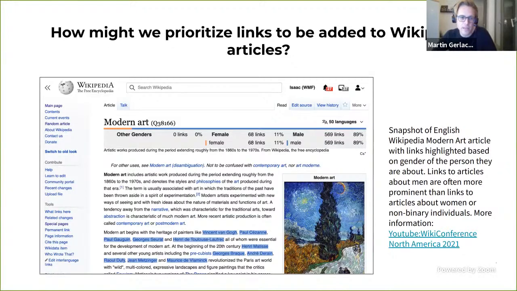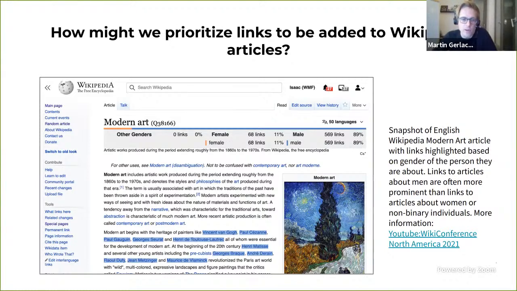But we also know that women are much less visible in the network if we look at different centrality measures, for example, PageRank. We also know that campaigns, while they are very effective at generating or improving specific content, struggle to increase the visibility of articles in the same way. This is well documented for the gender gap, and most likely other gaps are similarly affected.